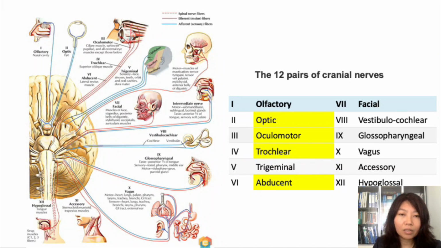One is the optic nerve, and the others, number 3, 4, and 6, are all related to eye movement. So we know that eye movement is so important for humankind, especially during development, in the ancient time when we had to, for example, catch animals or escape from dangers.